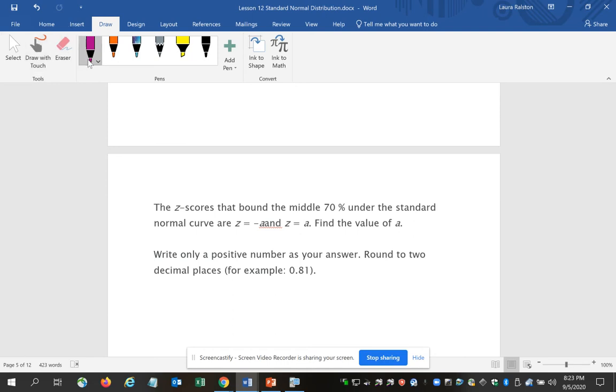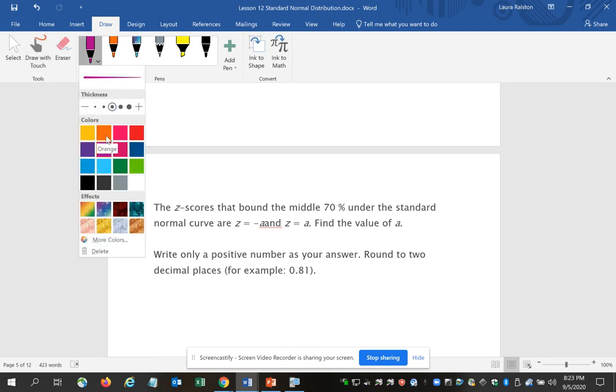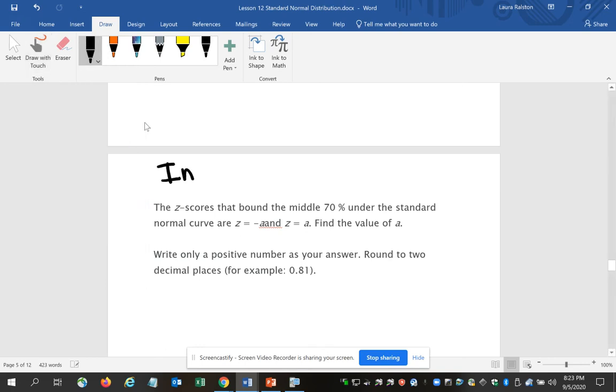So this is a different type of problem. When you're given the percentage, we use a different command. This is what we call the inverse normal distribution, because we start out knowing the percentage or the probability or the area under the curve.